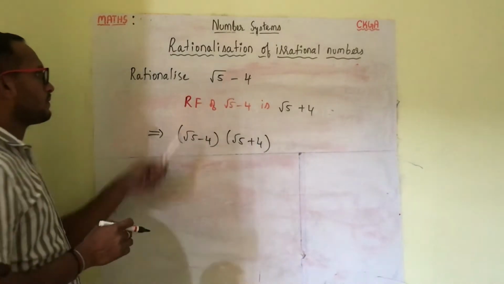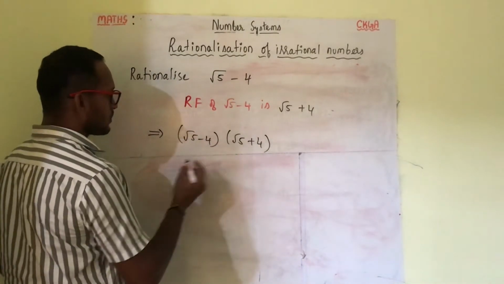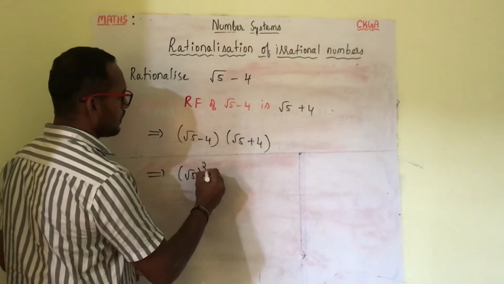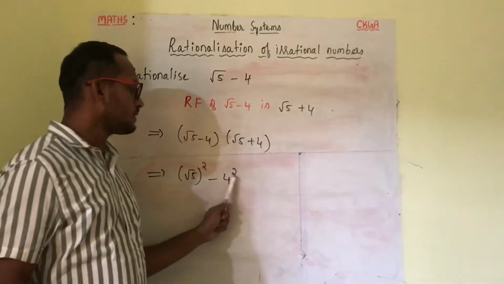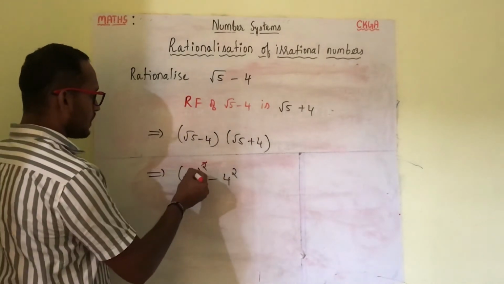Multiply the RF with the binomial. Now you can write this in the form of a minus b into a plus b. That is root 5 whole square minus just 4 square, not root 4 square. You have 4 here, so that is 4 square. The square and square root you just detach, square and square root gone.